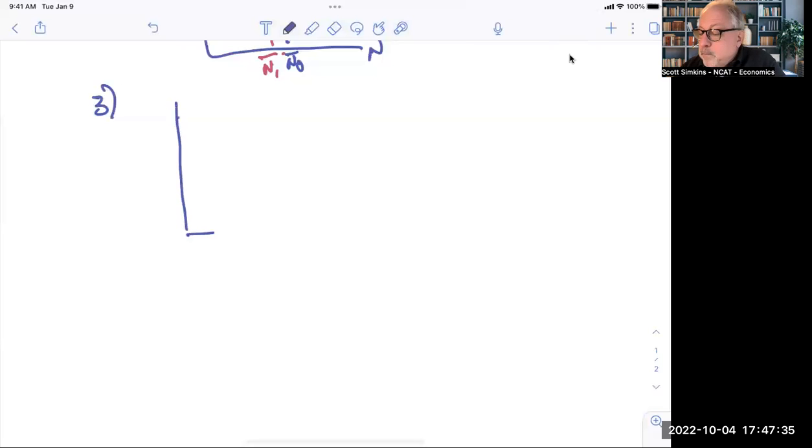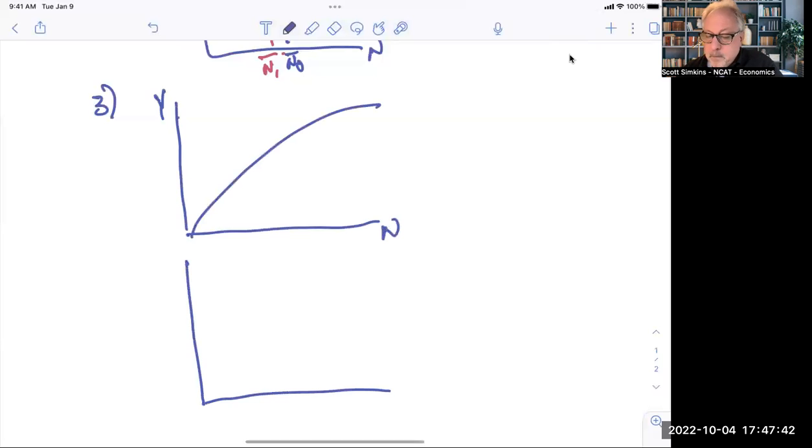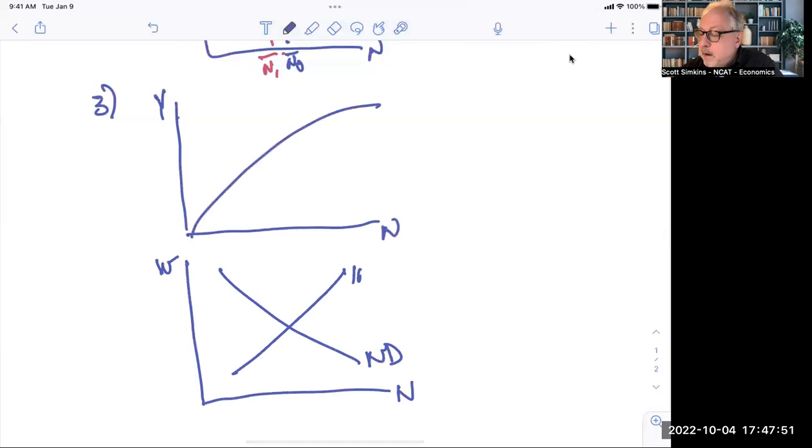So if we use our model, with our production function, N and Y, and the labor market, labor demand, labor supply, the equilibrium real wage, the equilibrium level of employment, and N0. So with that amount of employment, here's the amount of output that can be produced at full employment.